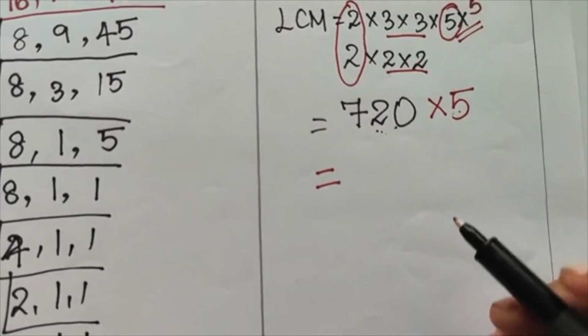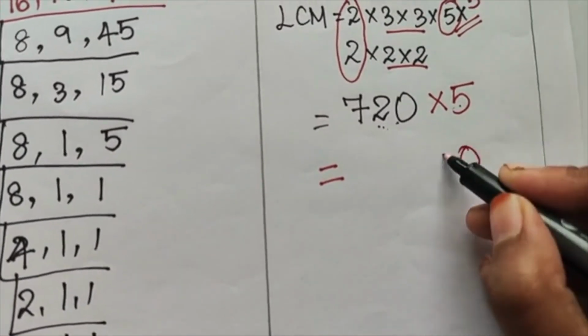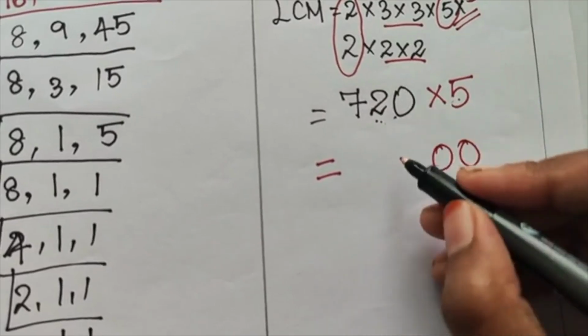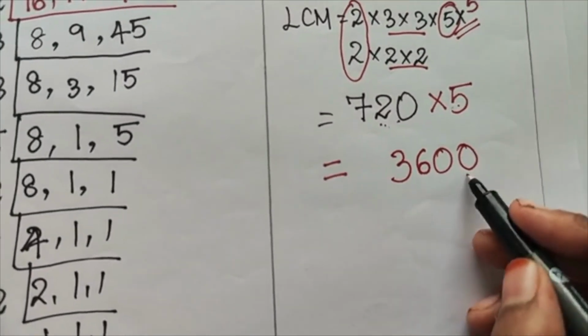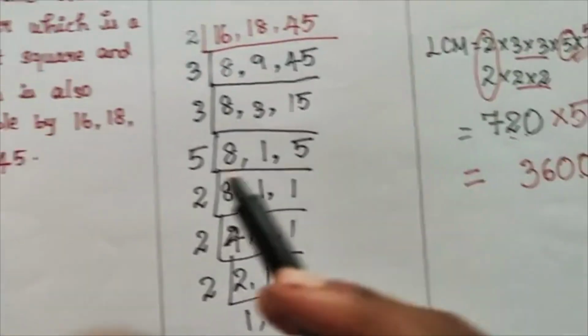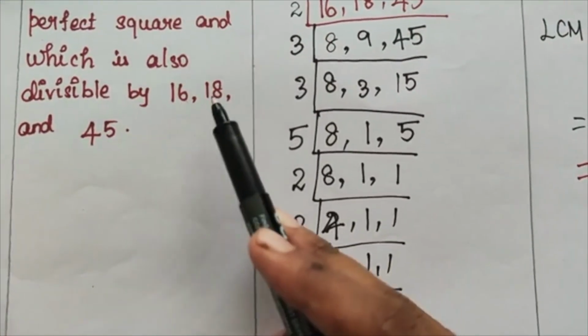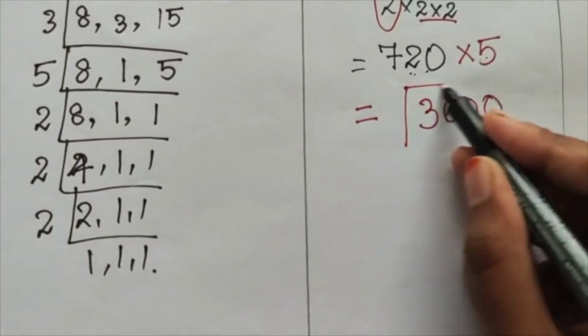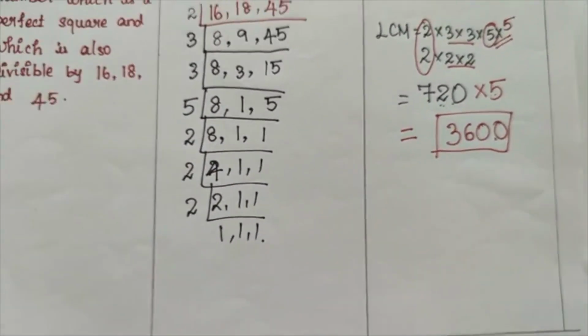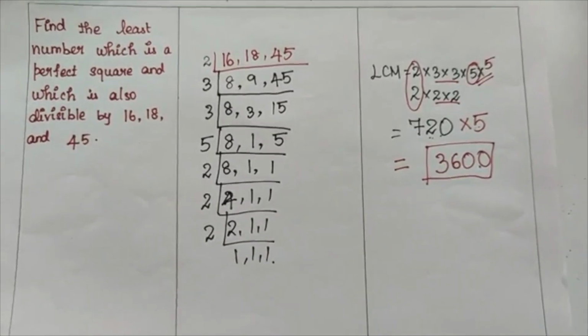Multiplying with 5, we get 3600. So 3600 is the perfect square which is also divisible by 16, 18 and 45. So the answer is 3600. Let's go to the next sum.